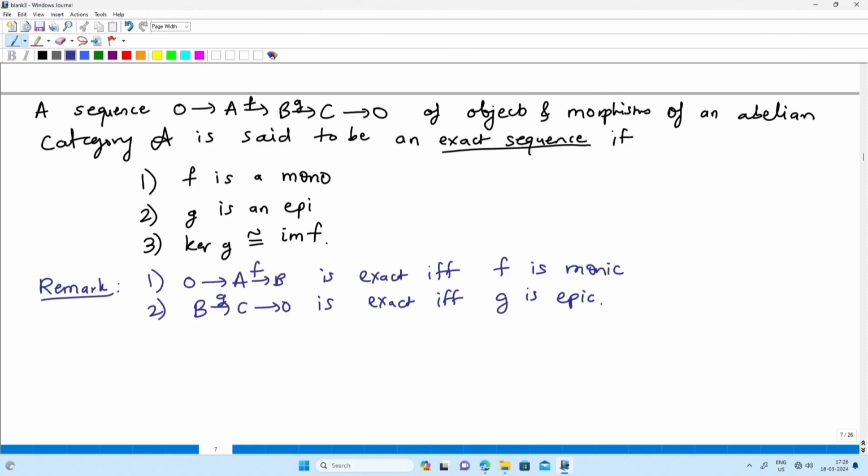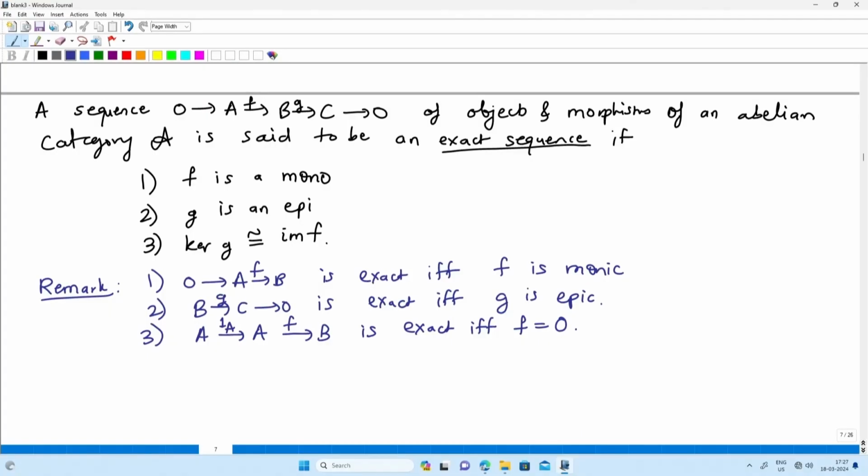One more property that you might find interesting is that the identity map followed by some morphism F is exact if and only if F is the zero morphism, because what is the image of the identity? The image of the identity is the identity morphism itself, and therefore it has to be the kernel of the next morphism. So the kernel has to be everything, and therefore F is 0.